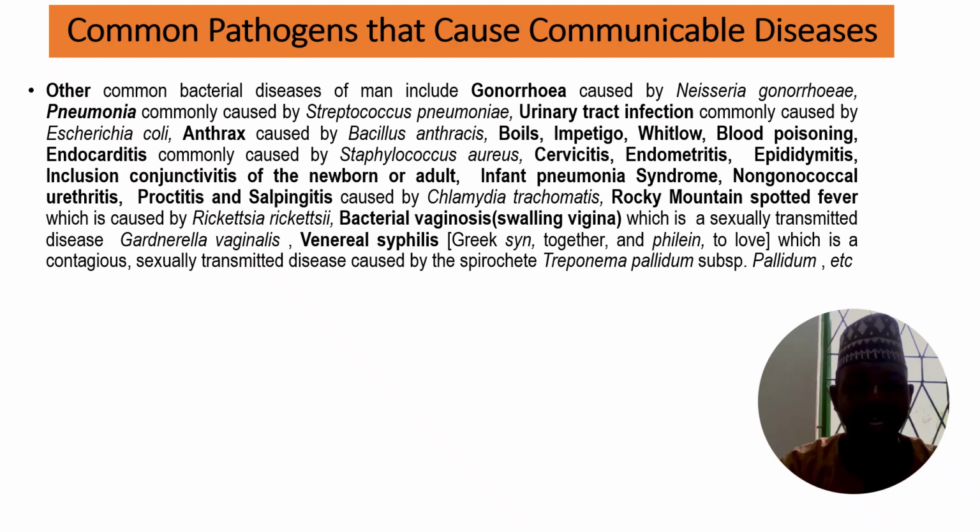We have pneumonia, which is commonly caused by Streptococcus pneumoniae. We have urinary tract infection that is commonly caused by Escherichia coli. We have anthrax, which is a disease that is caused by Bacillus anthracis.